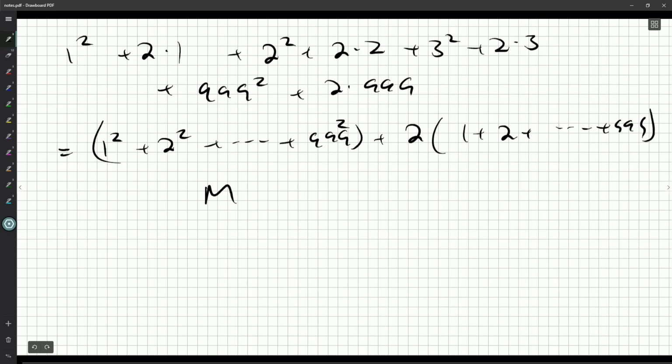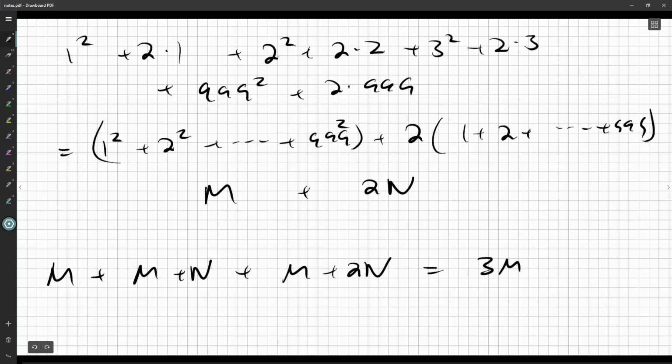So then this is m plus 2n. And so what we've really got is m, the sum of the squares, m plus n, the last one we just did, and then m plus 2n. And so this is really just 3m plus 3n.